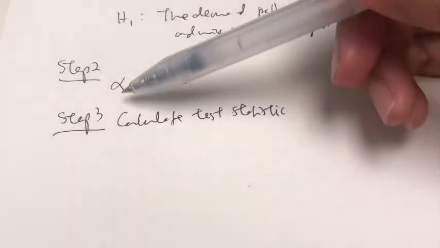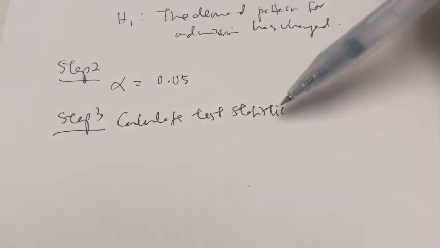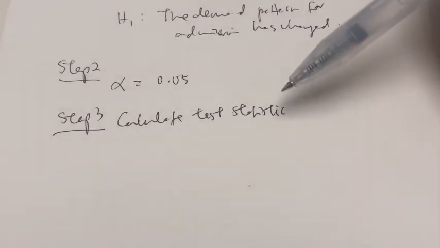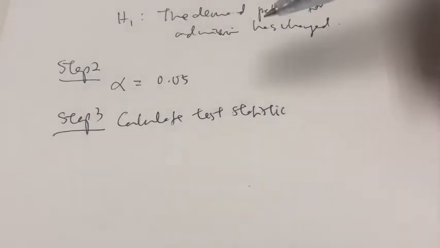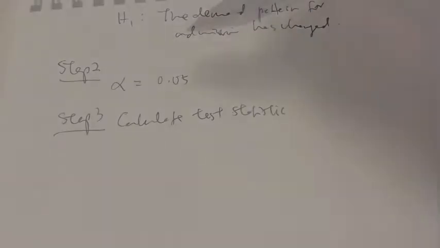Moving on to step 3, which is to calculate our test statistic. Before we can do this, we need to determine our observed frequencies and expected frequencies. What I'm going to do here is just draw back whatever information the question gives us.